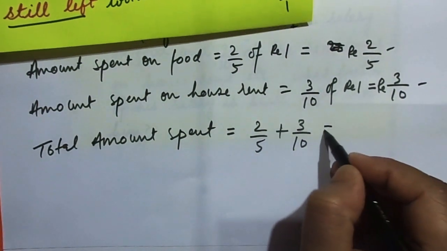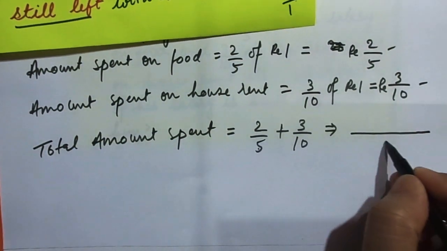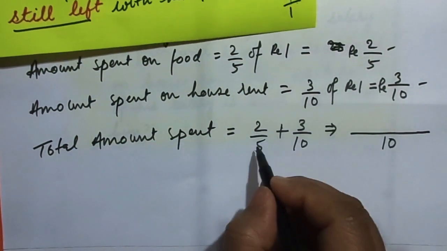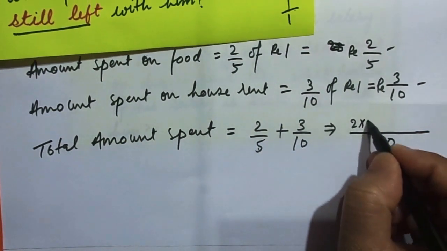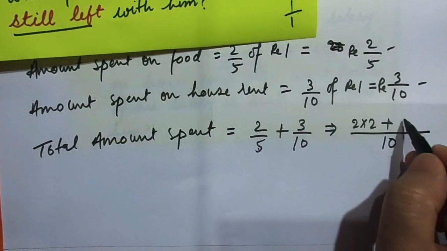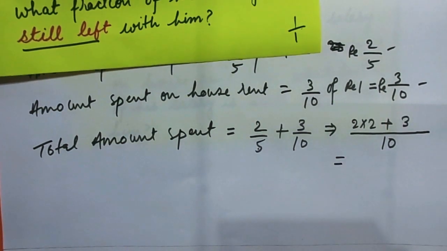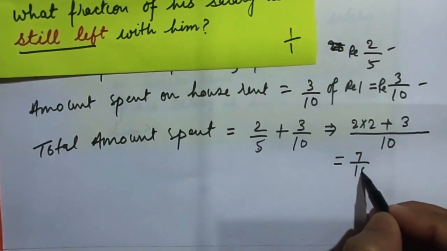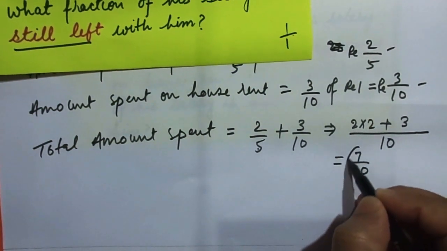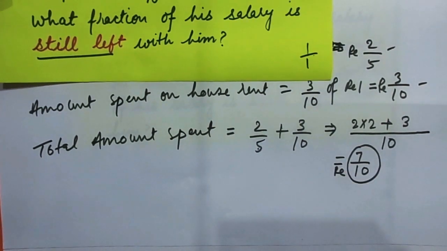So when you add this, LCM of 5 and 10 is equal to 10. 10 divided by 5 is equal to 2. 2 times 2 plus 3 is equal to how much? Is equal to 4 plus 3, 7 by 10 rupee, isn't it?